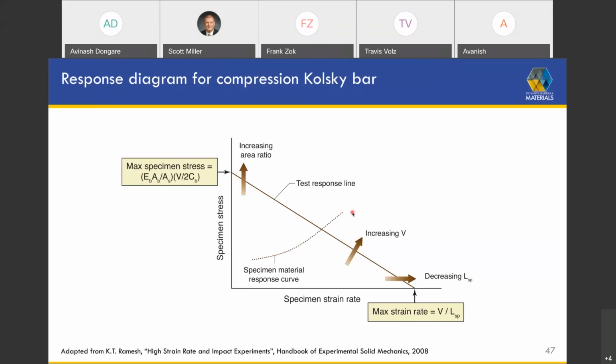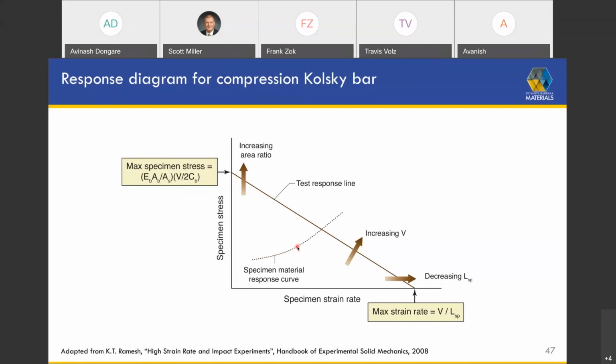And so we ask the question, if we want to access this point here, what sort of velocity should we use? And what sort of specimen dimensions should we use so that the stresses that we can transmit through the specimen are at least as large as this?